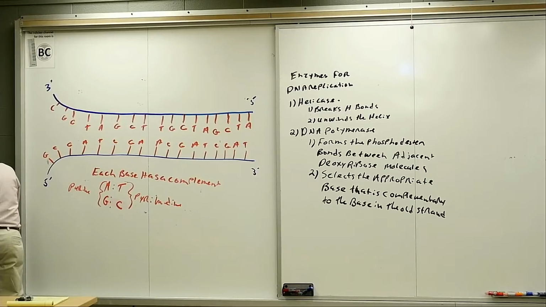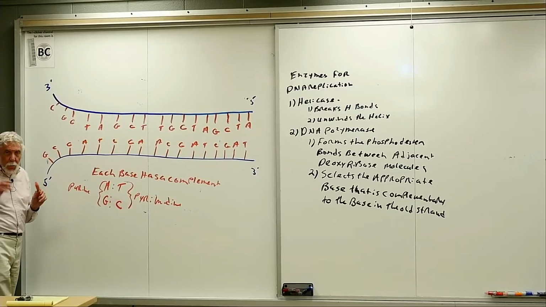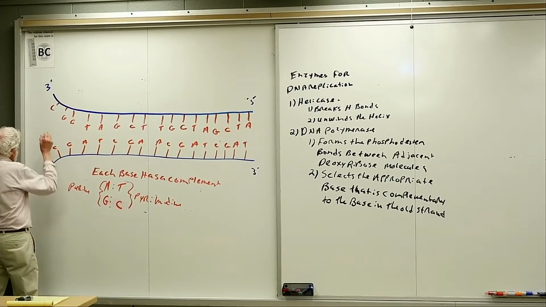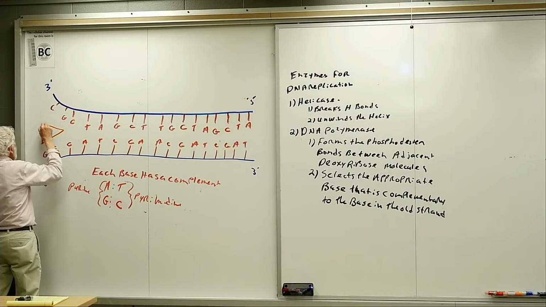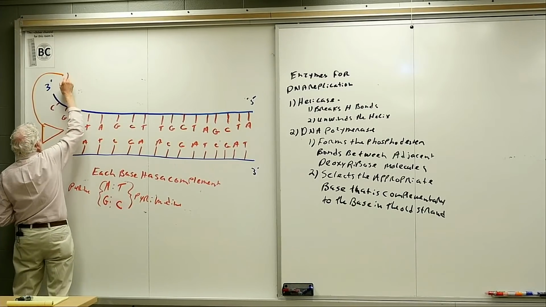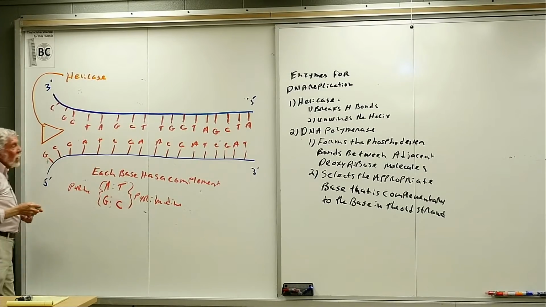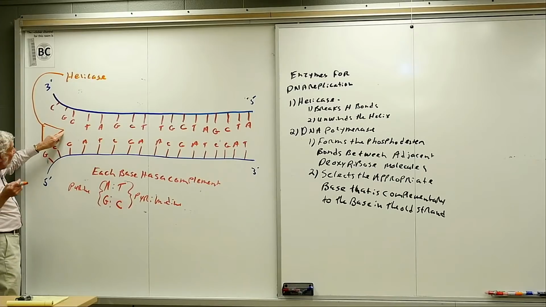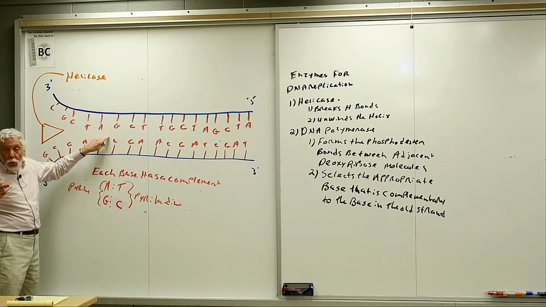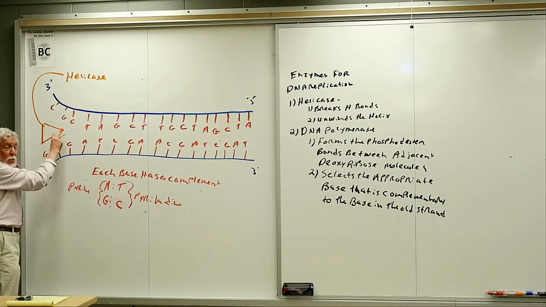Now the next character I'm going to put in here, and I'm going to draw it as a kind of wedge. It's not that simple. But I'm going to put this structure in here. It's kind of a wedge-shaped structure. And I'm going to label this as the helicase. The reason I shape it as a wedge is because I can easily imagine this wedge insinuating itself between the hydrogen bonds and separating the two strands by breaking the hydrogen bonds.